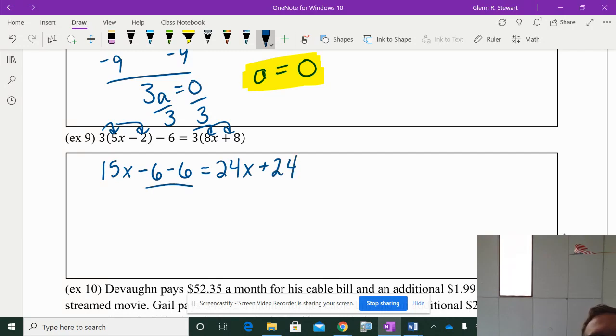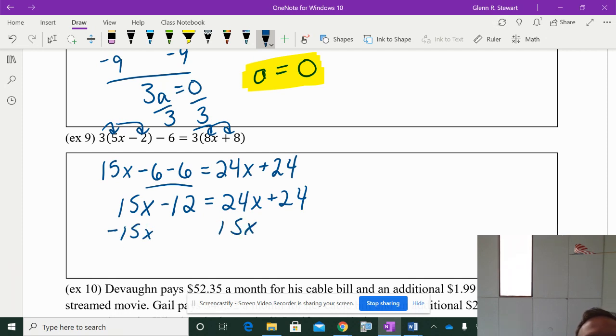I combine my terms. I end up with 15x minus 12 is equal to 24x plus 24. 15 is my smaller number here, so I'm going to subtract 15x from both sides. End up with negative 12 is equal to 9x plus 24.